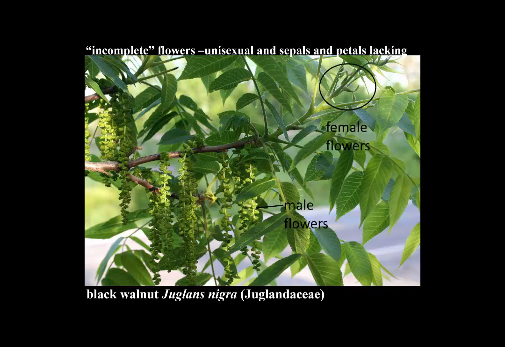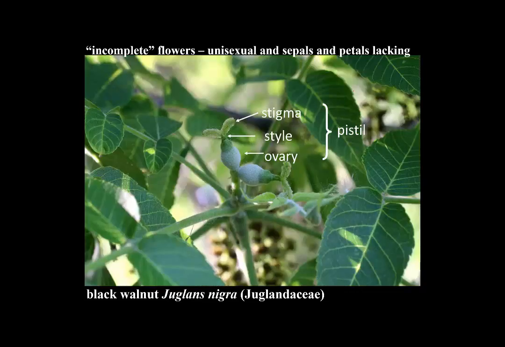And there's a more sophisticated version of the diagram. And here's a close-up of those female flowers. They've got important parts. They've got an ovary that matures into a big old walnut, and a style which connects the ovary to the stigma. And again, these stigma lobes are kind of big and expanded, kind of like antennae, really good for catching the pollen that's blowing through the air from those catkins.